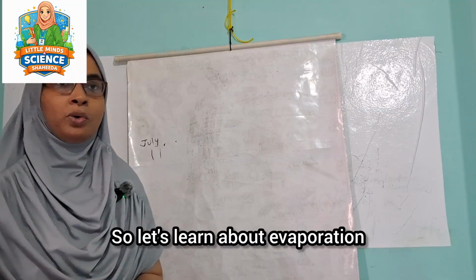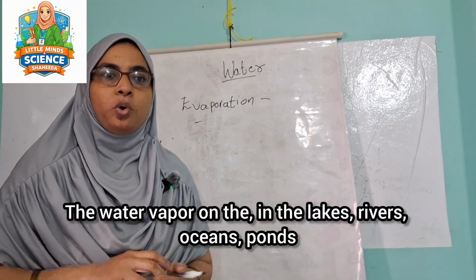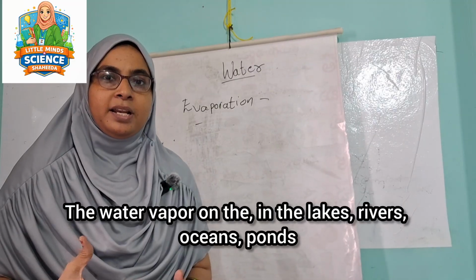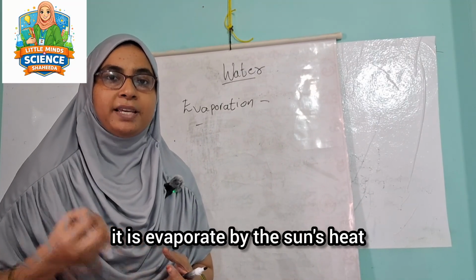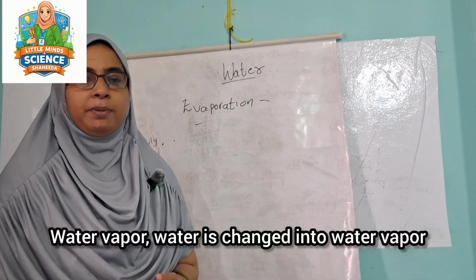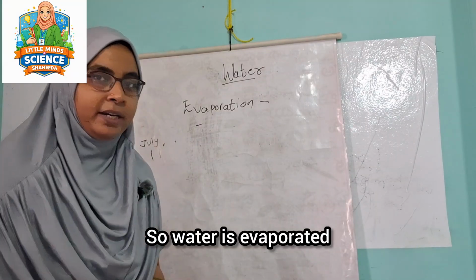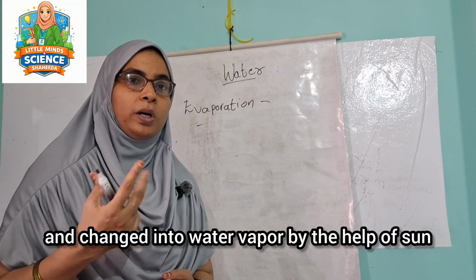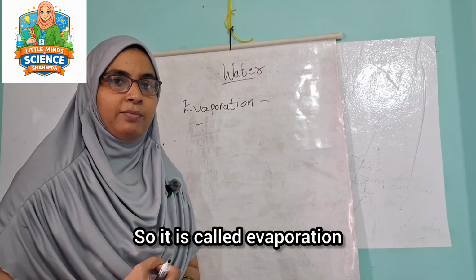Let's learn about evaporation. What is evaporation? The water in the lakes, rivers, oceans, ponds is changed into water vapor by the sun's heat. So it is called evaporation.